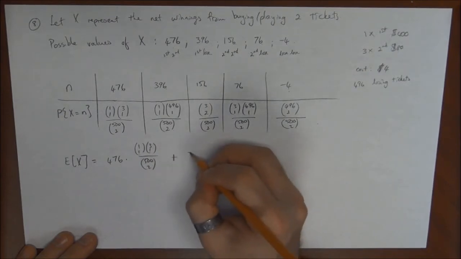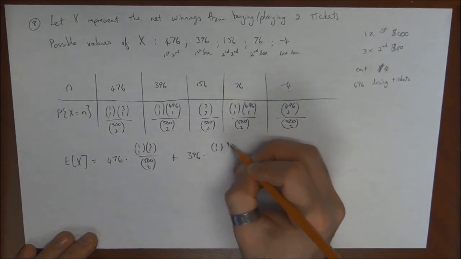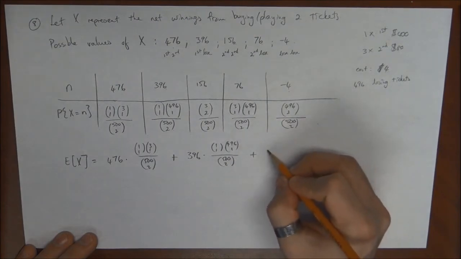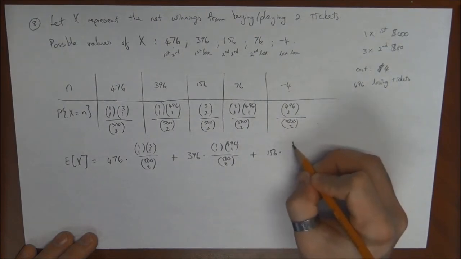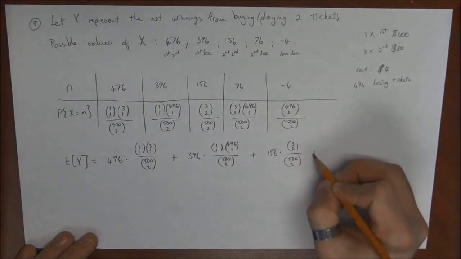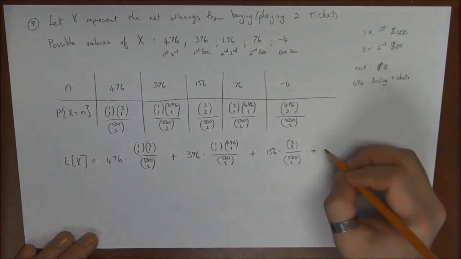So it's worth in the beginning to write it out so that you remind yourself how the probability is calculated. Next one is 156 times 3 choose 2 over 500 choose 2 as the probability corresponding to this value.